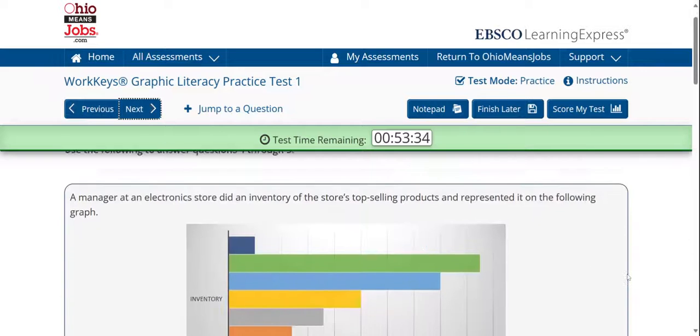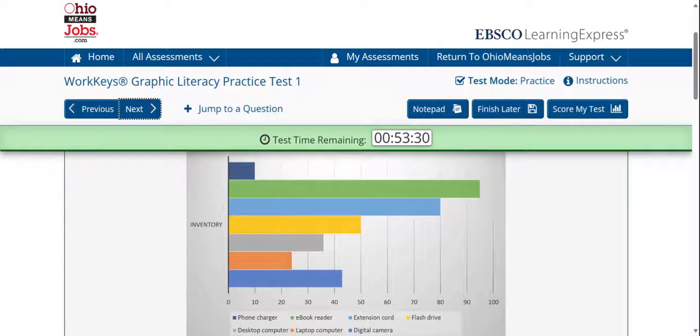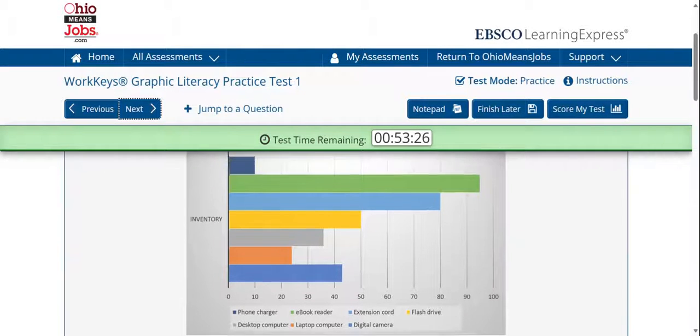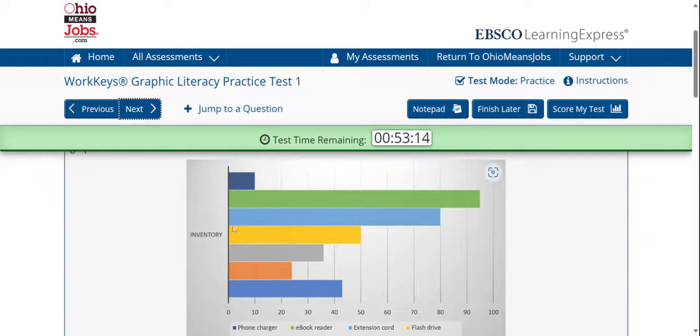Then we click on the next key, and again, we see a bar graph, but this time it's different because we see it from a side angle. Here on the x axis, we start to see numbers going all the way from 0 to 100, where the inventory is represented by colors.